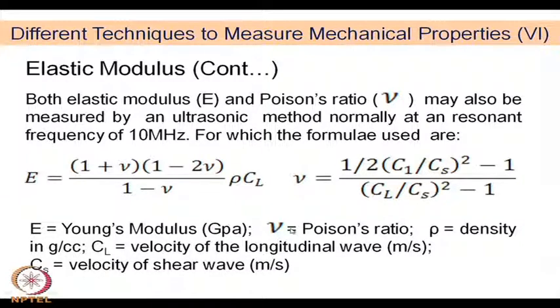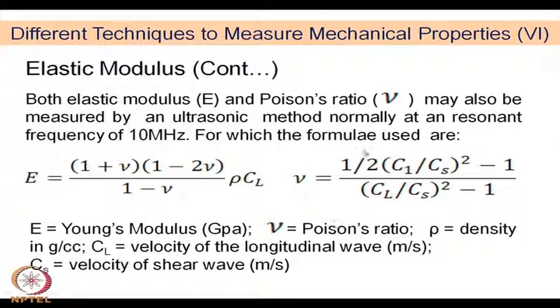I think this should not be 1, it should be L. There is a mistake over there, this should be L, Cl by Cs, and this is also Cl by Cs. So, Cl is the velocity of the longitudinal wave in meters per second, and Cs is the velocity of the shear wave, once again in meters per second.